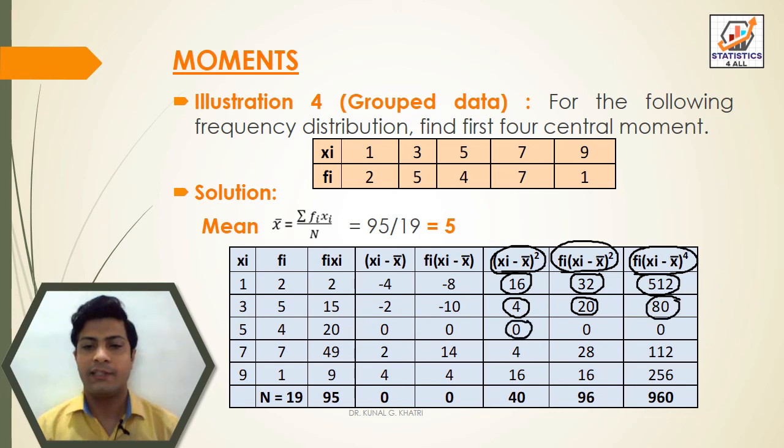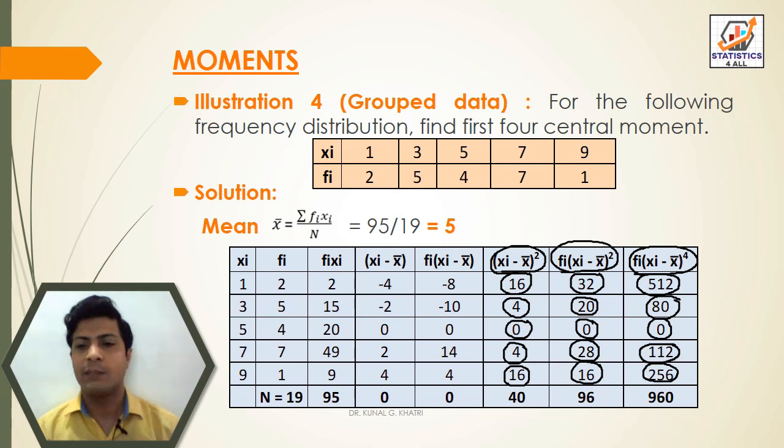After that 0 into 0, that is equal to 0. Then 4 into 28, that is equal to 112. Then 16 into 16, we get 256. Now we take the sum of fi into xi minus x bar raised to power 4, we get value 960.